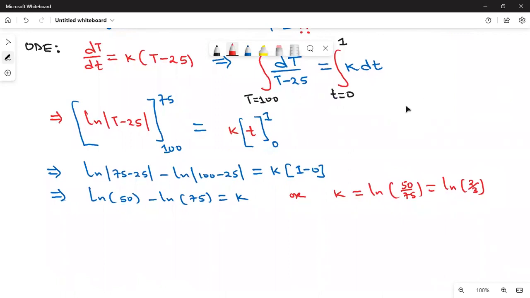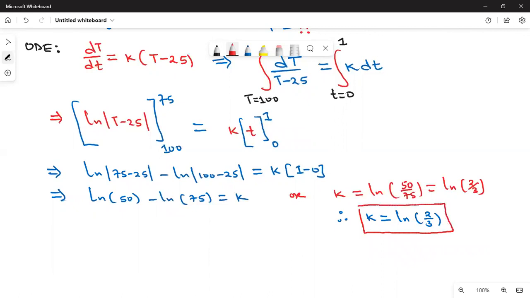So that is the value of k. So I can just write it here that therefore, our constant of proportionality is ln of 2 over 3. So that is the constant of proportionality.